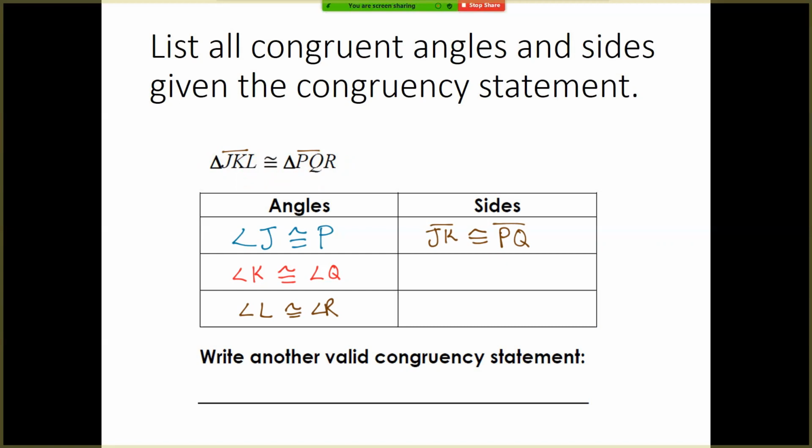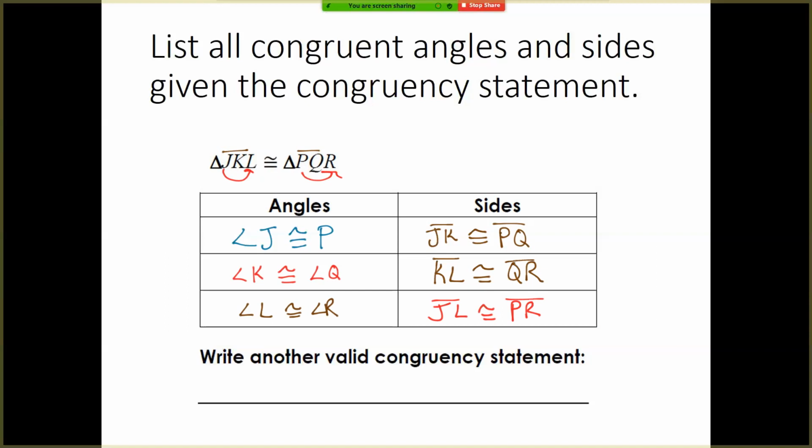Then I would do the last 2 letters, so KL is congruent to QR. And then last but not least, you get to do the first letter with the last letter on both of them. So JL is congruent to PR. And that's my 3 pairs of corresponding sides.